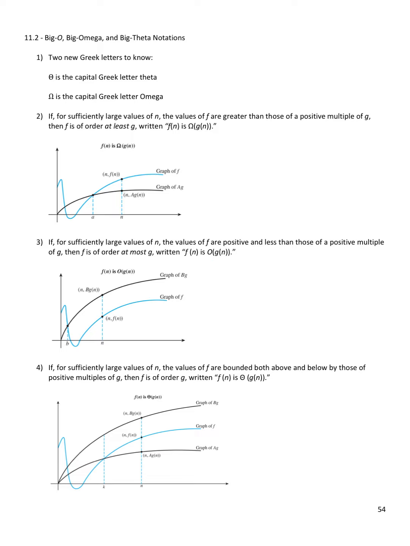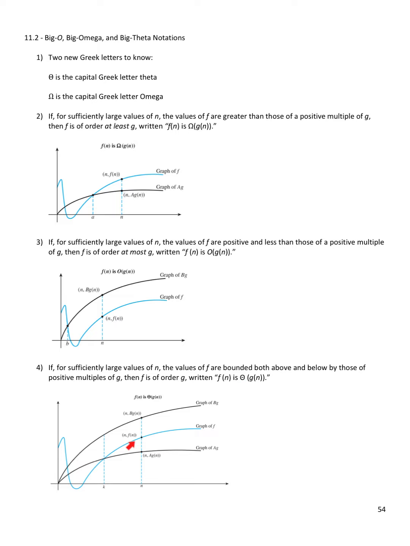And then we combine those two, and we say if for sufficiently large values of n, the values of f are bounded both above and below by positive multiples of g, then f is exactly of order g, and we would write f is big theta of g.